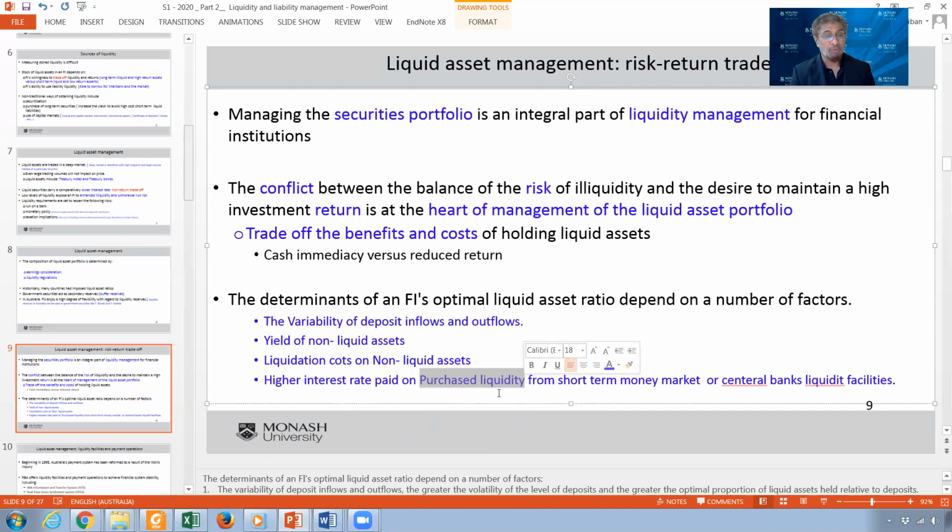Because if you decide to invest in long-term assets, and then one way or the other you need to borrow, going for purchased liquidity, and it's very expensive, then investing your short-term assets in long-term ones may not give you the desired payoff. This is what we are talking about, the interest rates.